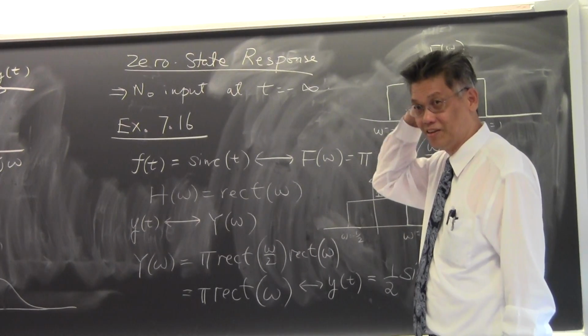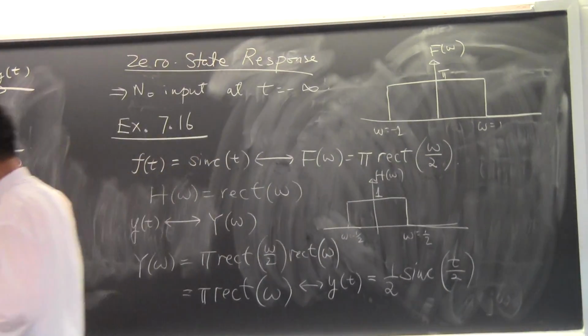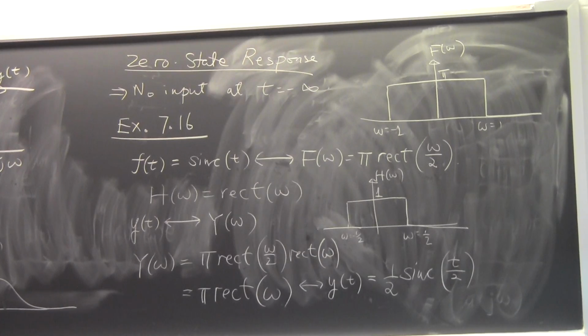I think the scaling law is not in your table, unfortunately. The scaling law in Fourier transform is not one of the properties that you have in table 7.2 or something. But it can be derived very easily. Okay, what the scaling property is.